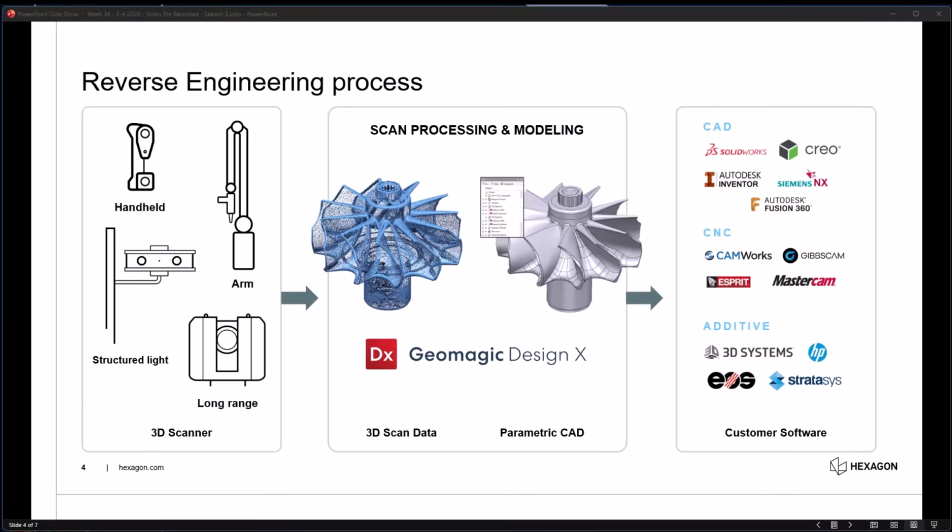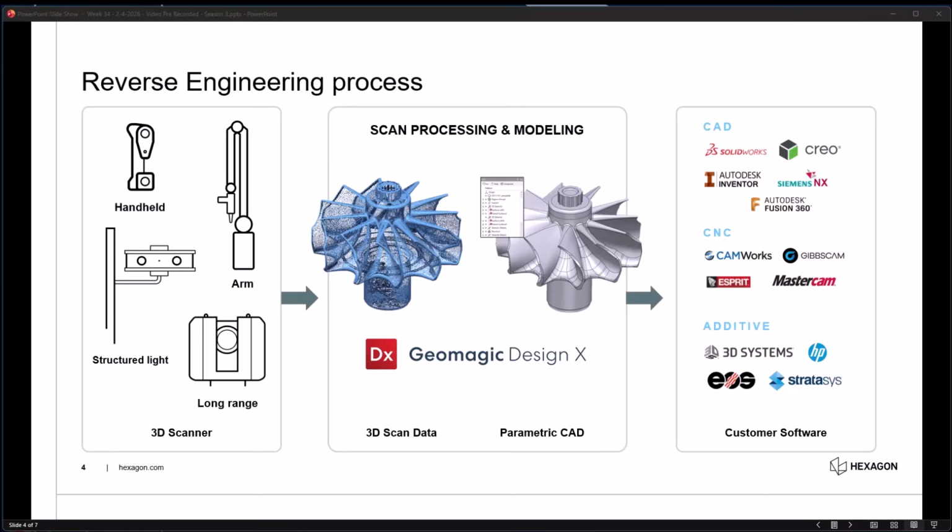On the left-hand side, we have different types of 3D scanners, and Design X has the ability to connect to those scanners with plugins and import tools. We have done it for over 30 years, so we have every kind of importer, file type, and plugin imaginable to connect to these different types of 3D scanners.